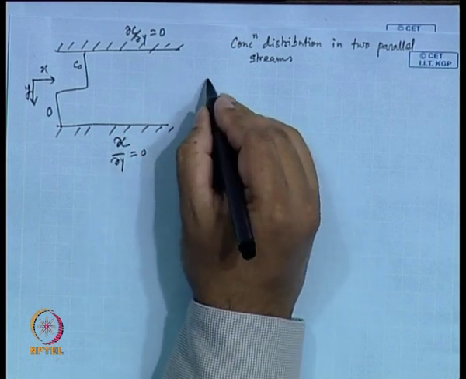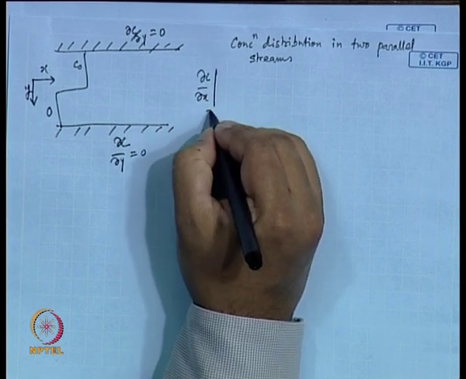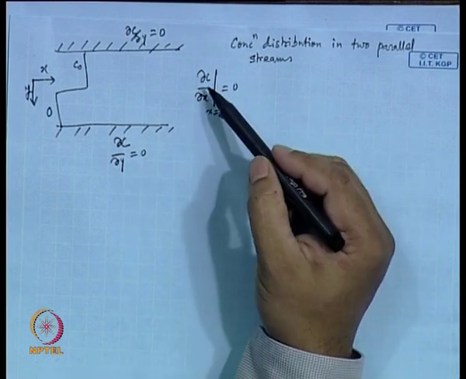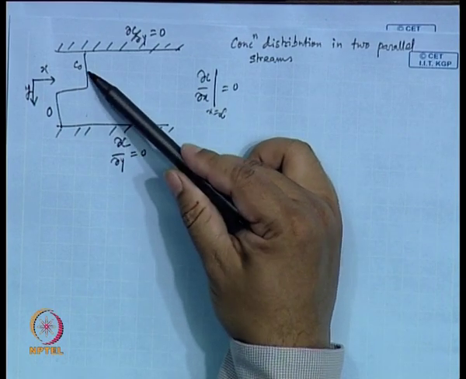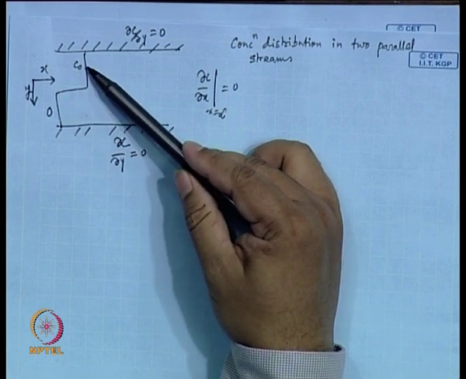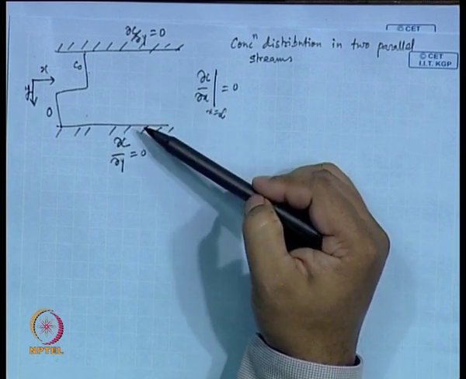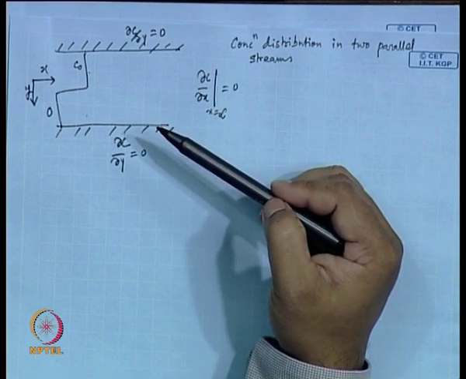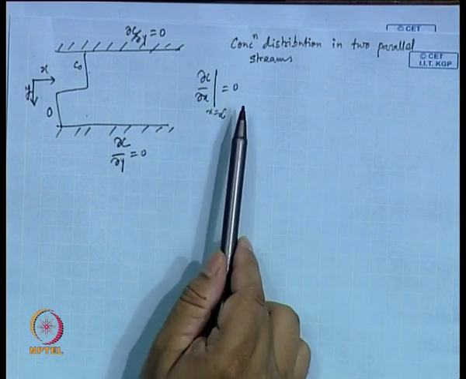And then on this side you write del C del x at x equal to infinity equal to 0. That means the streams are mixing. If it is C0 and 0, if it is saline water and clean water, then salt will diffuse from here to here, and at the end you will see everywhere it is C0 by 2. The concentration will be C0 by 2 down the line, after some length. So, at infinity the concentration change would be 0.